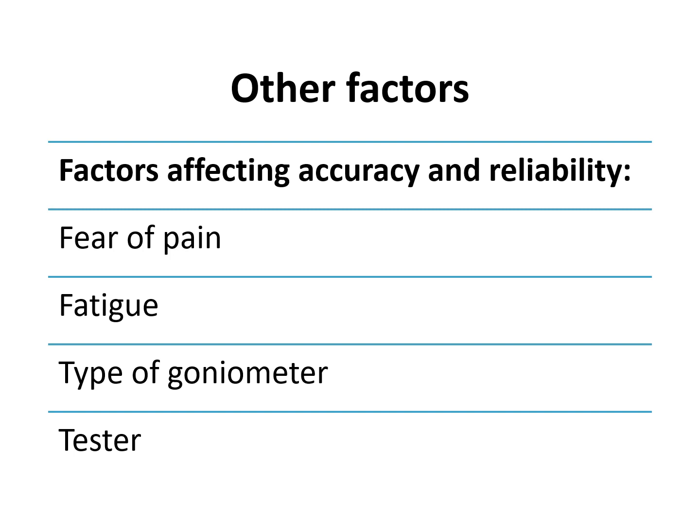Okay. Next point is type of goniometer. If you're using different types of goniometers like bubble or universal, your readings may vary. So depending upon the type of goniometer, your accuracy and reliability changes. Then you have the tester, which is us, the physiotherapist. If the tester is a novice, if the tester is not much trained, the recordings may change.